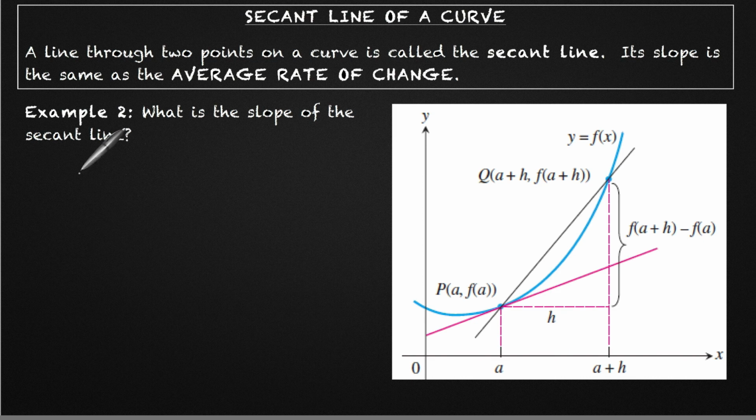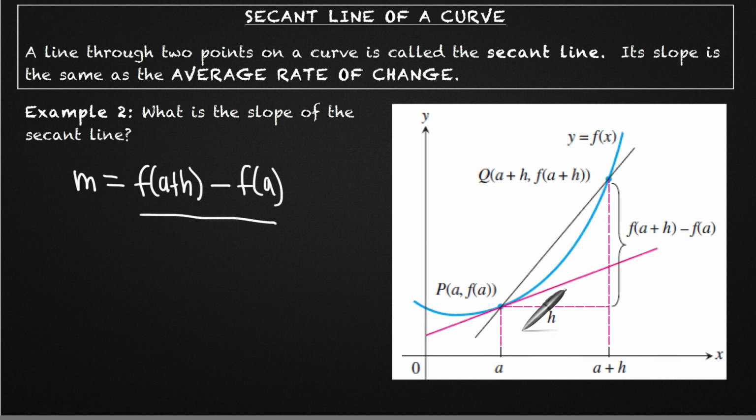Let's see if we can find the slope between these 2 points. So it's going to be y2, which is f of a plus h, minus y1, f of a, over the difference between these two, which is just h. Now that is the formula for the slope between these points.